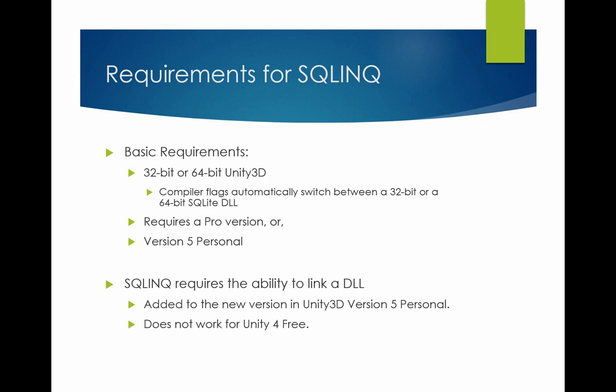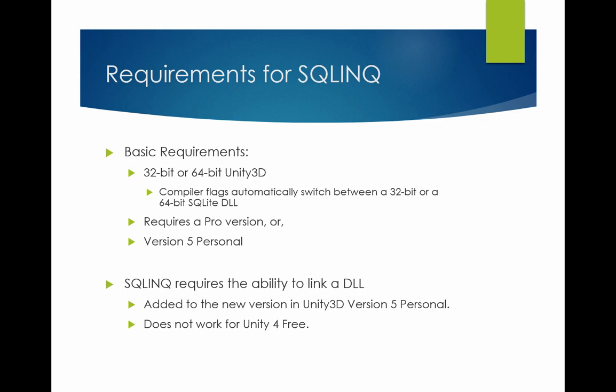Anyway, requirements for SQLite. Basically, you need a 32 or 64-bit version of Unity 3D. A compiler flag switches between 32 and 64-bit SQLite DLL, which is included in the Unity package. It requires a Pro version or a version 5 free version.